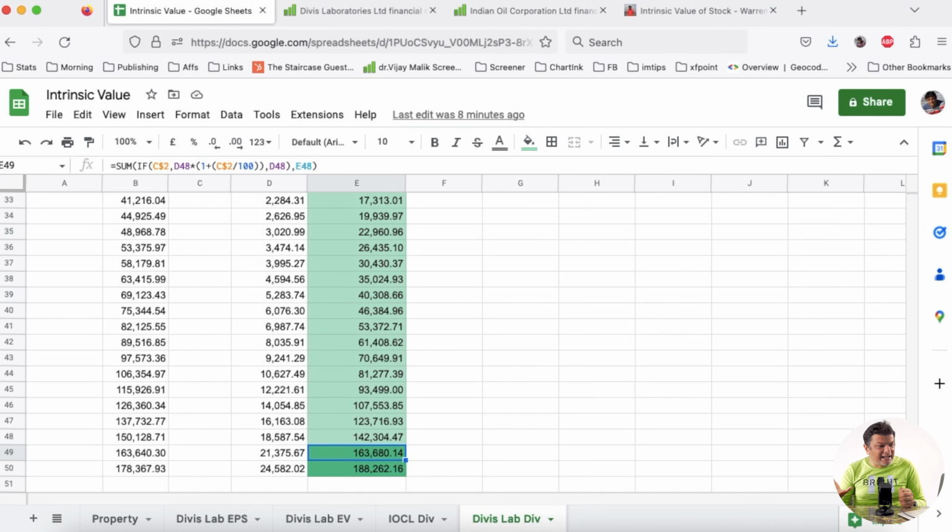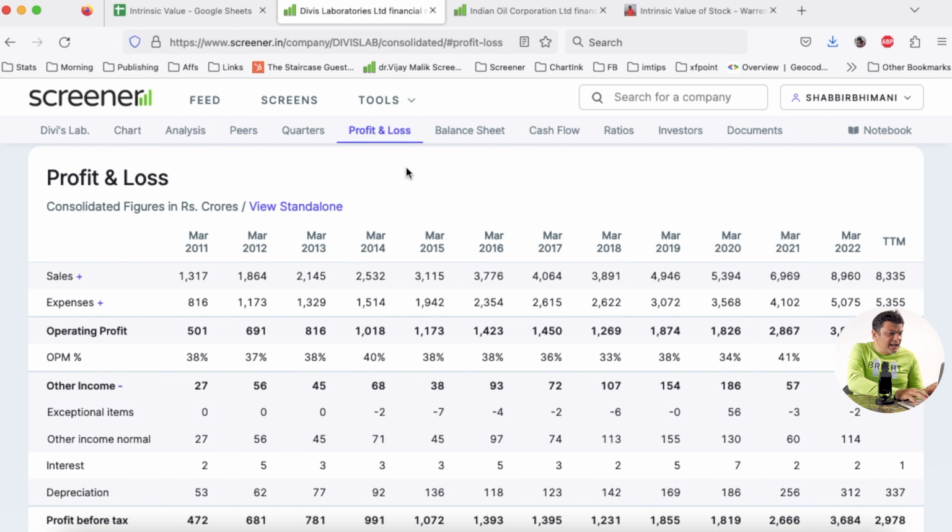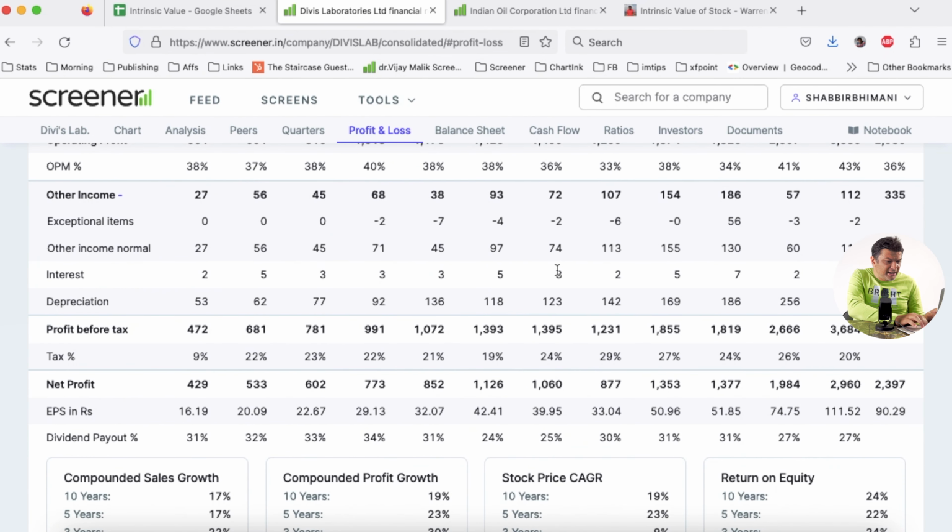The company is paying dividend only at say 15% or 20% or at times 30%. Divi's Lab has a policy of paying dividend in the range of around 30%, but this 30% can increase as well.